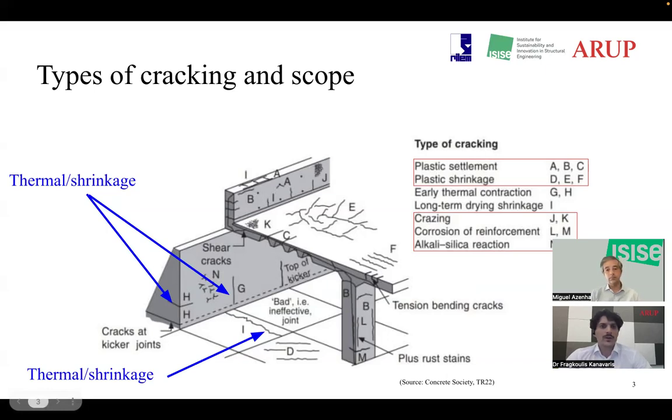However, the quite critical ones that we are going to be looking at as part of this webinar, shown with blue arrows, are those related to restrained thermal and shrinkage deformations as well as applied loads. The reason is that restrained cracks often require the contribution of reinforcement to control them, while cracks of other nature are normally managed and mitigated through good concrete quality, concrete technology, and good workmanship.